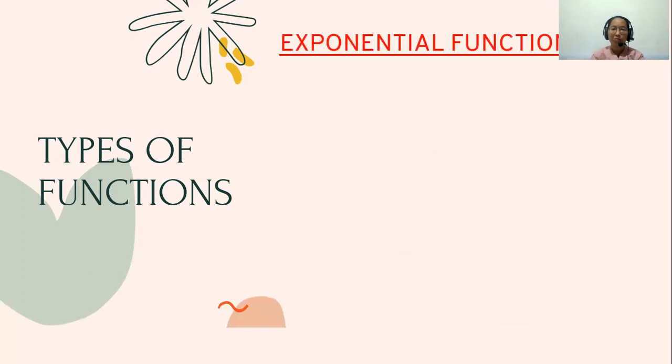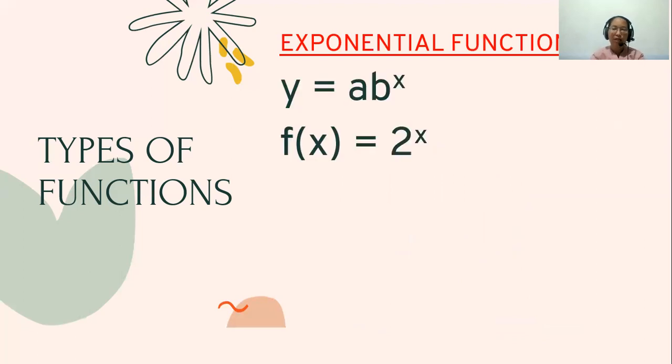The next type of function is known as the exponential function. Using the exponential function, we have the form y is equal to a times b raised to the x power, where x is an exponent and a and b are constants.